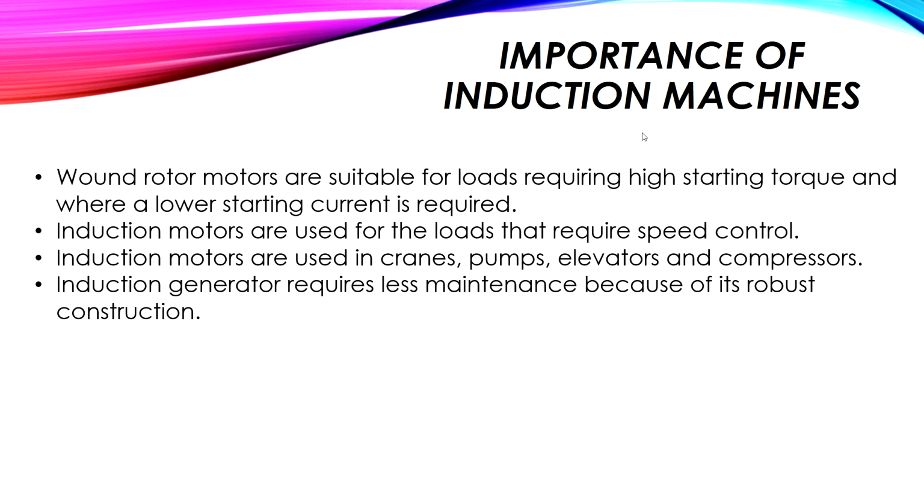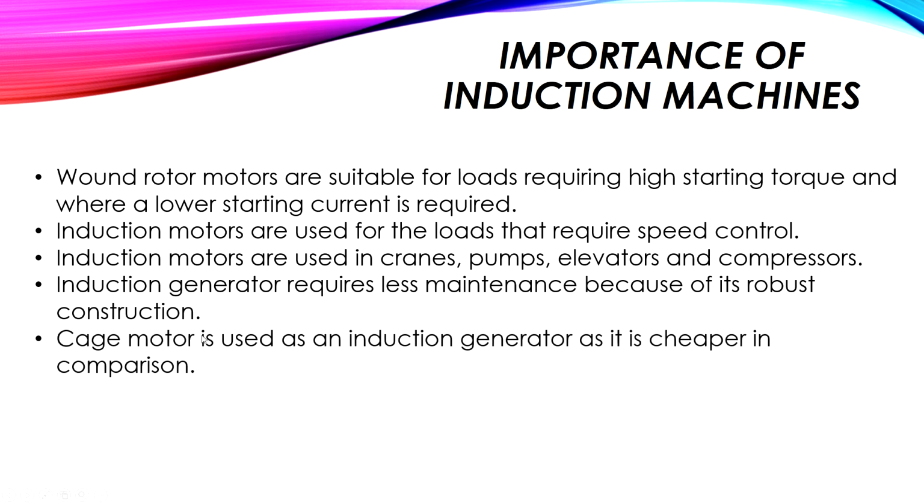For example, as we will see, the squirrel cage does not require any maintenance because it does not contain brushes, unlike the DC motor. The squirrel cage motor is used as an induction generator, and it is also cheaper in comparison with the wound rotor. And of course, it requires less maintenance, and we will understand why in the construction itself.